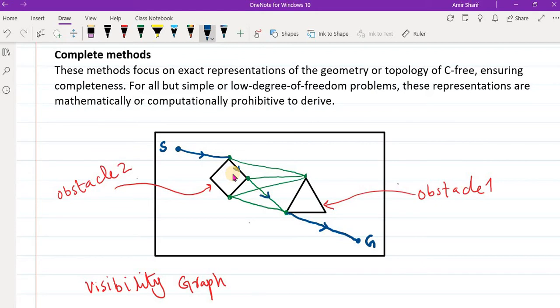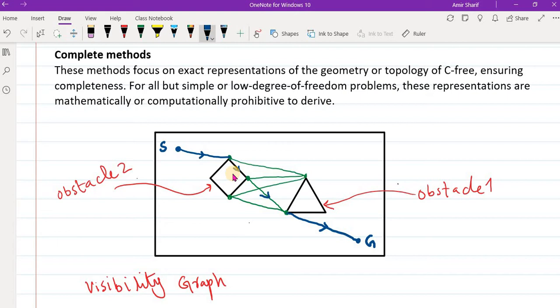So this is how we do path planning using the complete methods, and they guarantee to find the solution if it exists. So if there is a path, these methods will definitely, for sure, find your path.